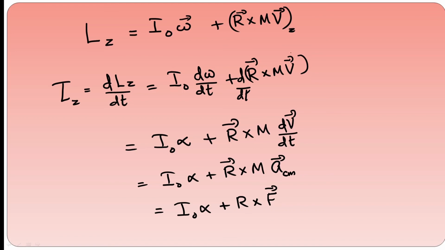Definitely it will be in z direction. All belongs to z component in a fixed direction, r cross F in z direction. Now if you compare with the previous equation, you can see that this tau 0, the torque about center of mass, is I0 alpha.